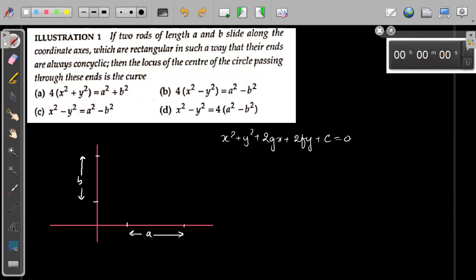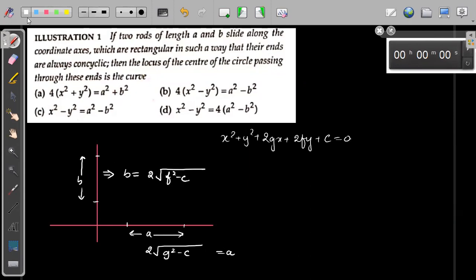We can write A is equal to 2 into the root of g square minus c. Everybody understood this part, right? And this length is nothing but B, which is equal to 2 into the root of f square minus c, right?